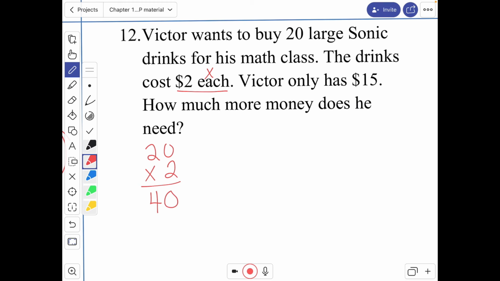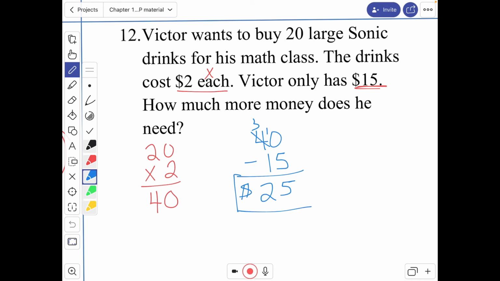Victor needs $40, but he only has 15. So 40 minus 15. He still needs $25 more. Hope he gets that. I like Sonic.